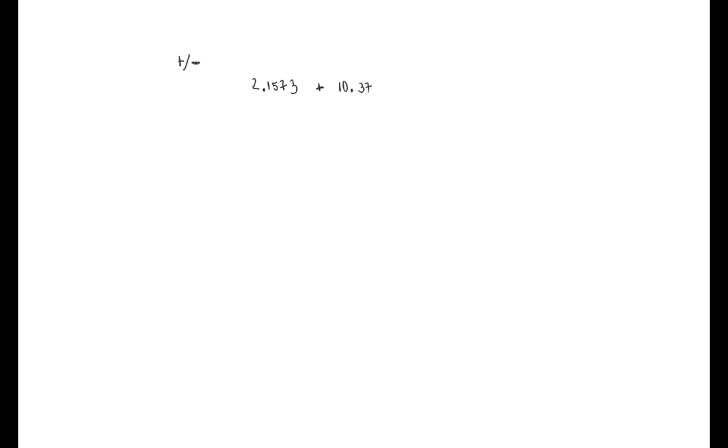So in this 2.1573, there's 1, there's 2, there's 3, and there's 4. 4 decimal places. Excellent, awesome. So let's look at the second number. There's 1 and there's 2. 2 decimal places. So whatever the answer is, our final answer is going to have only 2 decimal places.